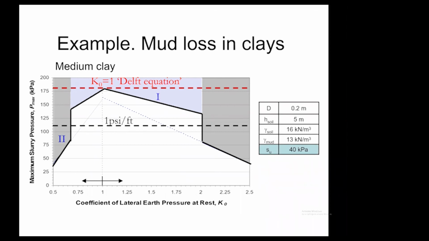But at any other K0 ratio, so if the horizontal stress is less than the vertical, or if the horizontal stresses are greater than the vertical, then the Delft solution, which was commonly being used by consultants before this research, produces an unsafe estimate of maximum mud pressure.